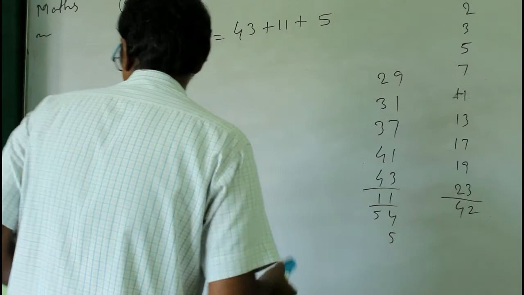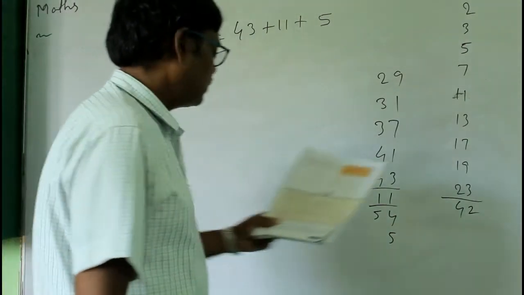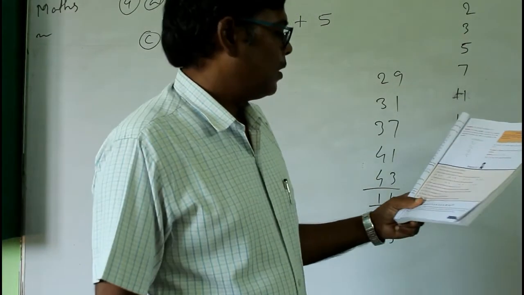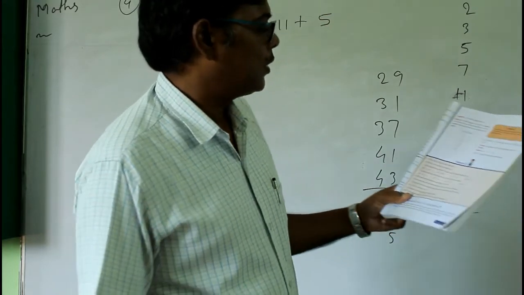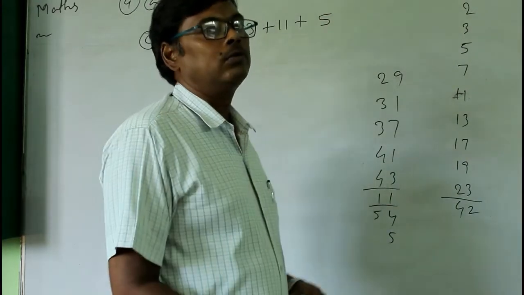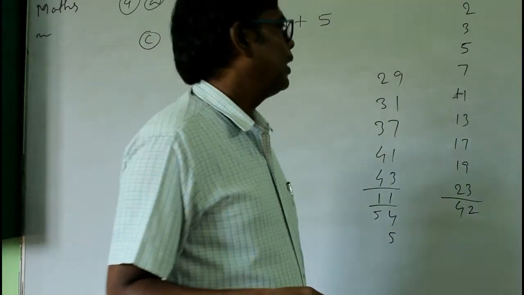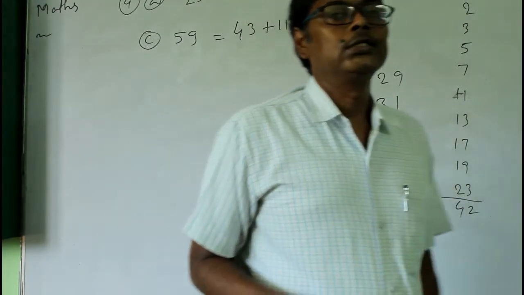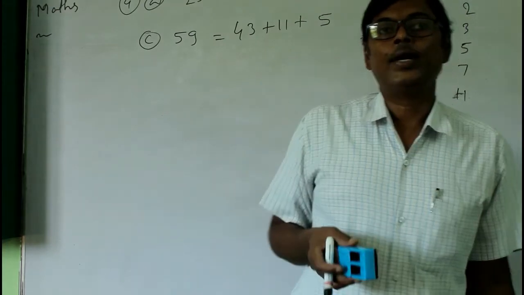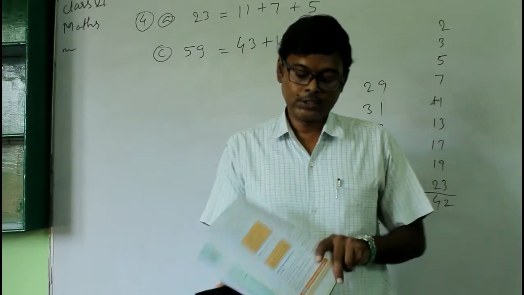Now the next question: how many prime numbers are there from 1 to 100? There are 25. If nothing else is there, you have to count. There is also a method to find the prime numbers, so see your book.